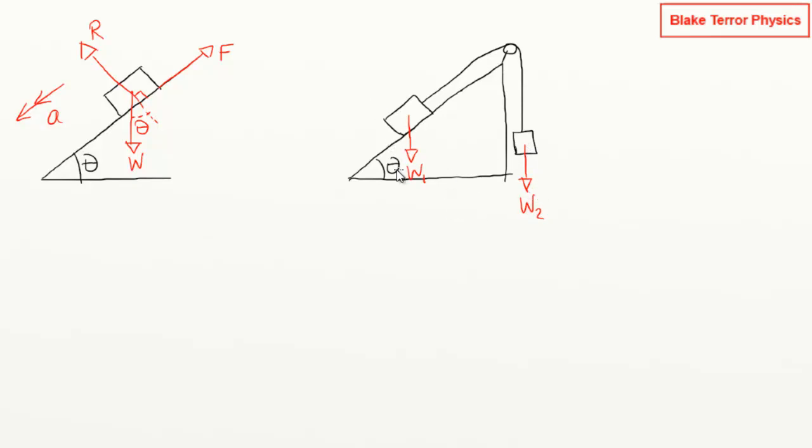So that's our two weights. Now we look for points of contact. We've got our normal reaction once again for the object on the slope. This object that's hanging down is not in contact with anything else, so there's no normal reaction force.